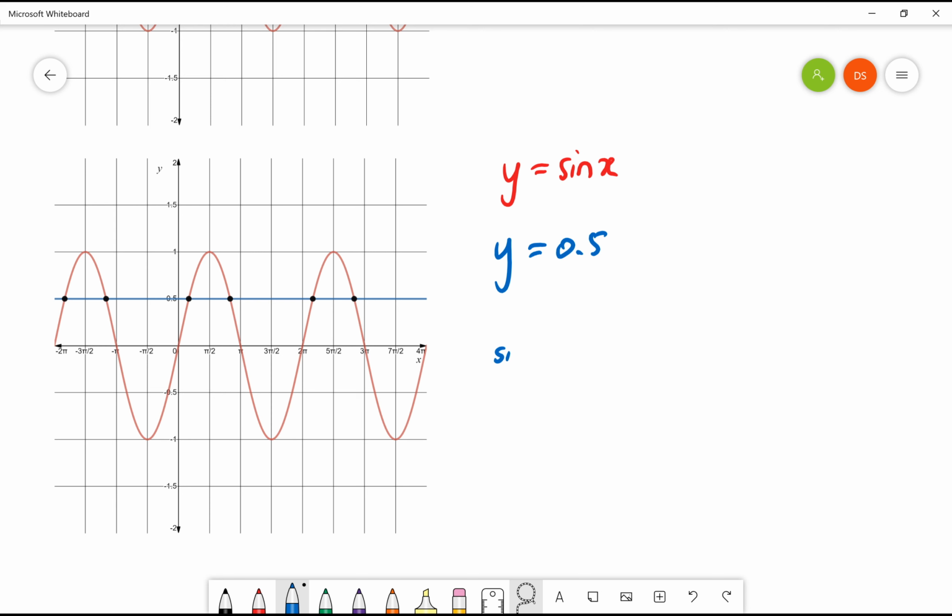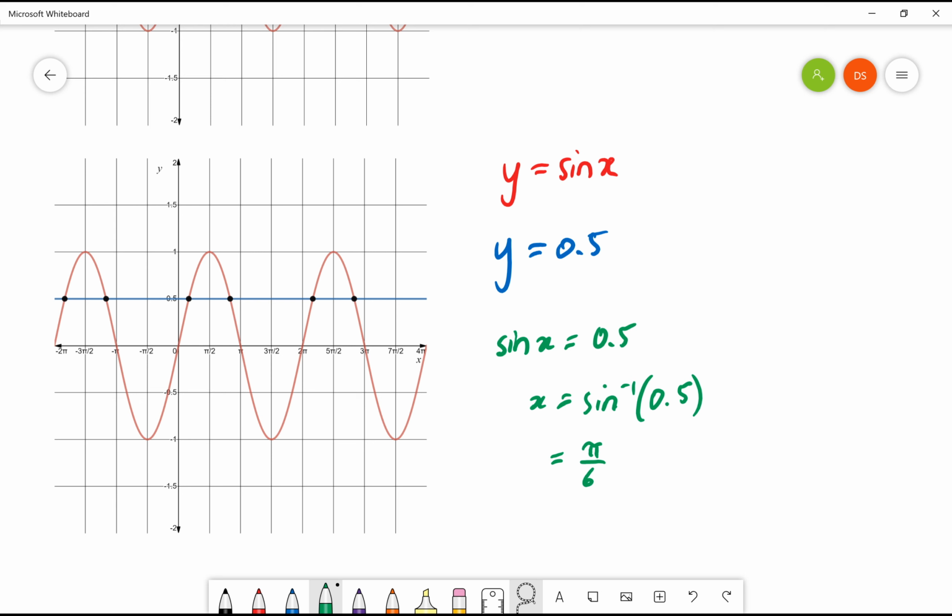And so if I solved sine x equals 0.5 and solved for x, I would get sine inverse of 0.5. You should know this one, but I'm going to tell you anyway, it is pi on 6.